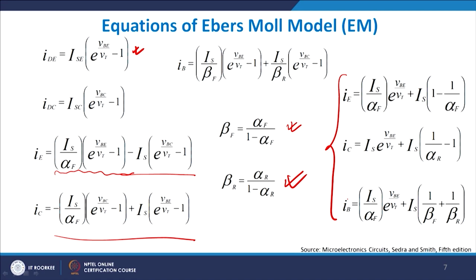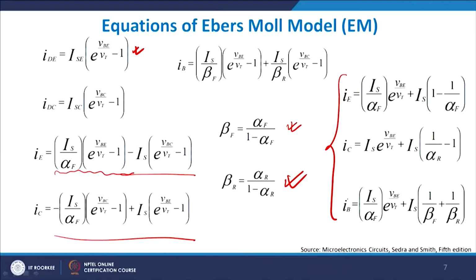If you look very carefully, the base to collector junction is always reverse biased in the forward active region. VBC will be quite large and negative. As a result, this term will vanish, and I will be left with only minus IS plus IS by alpha.